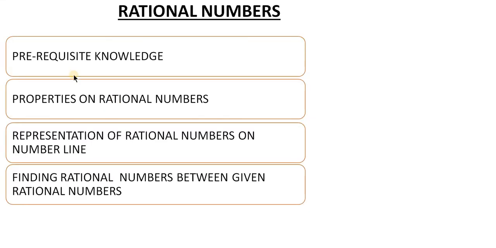So in grade 8, you will be further extending those rational number concepts with a few more, like properties on rational numbers, representation of rational numbers on the number line, and finding rational numbers between given rational numbers.